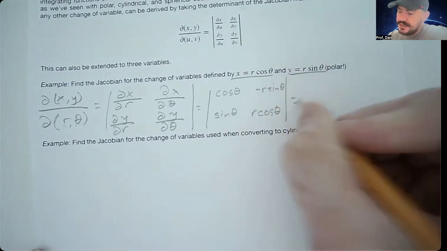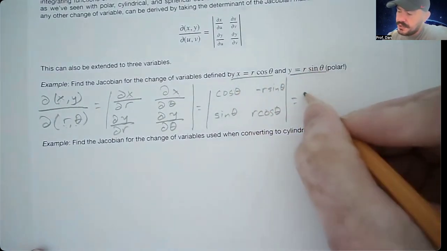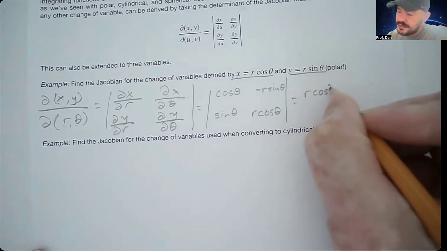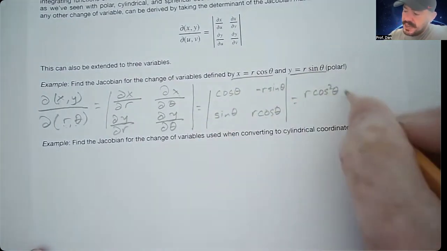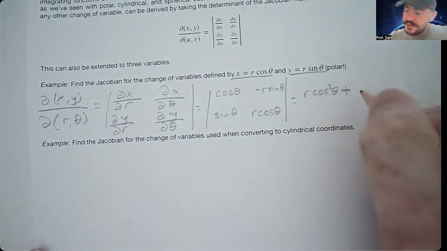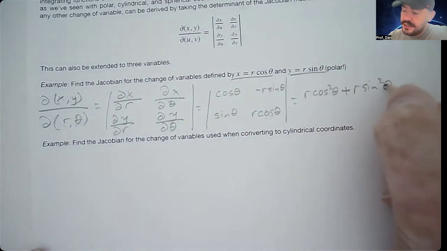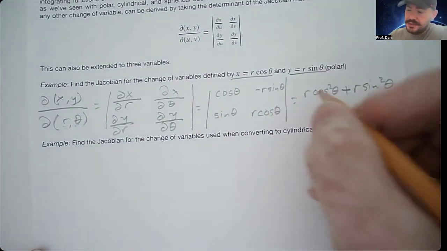Now, if I take this determinant, I'm going to get the product of these two, so r cosine squared theta, minus the product of these two, which will be negative, so we end up adding r times sine squared theta. This looks like I could use a trig identity.